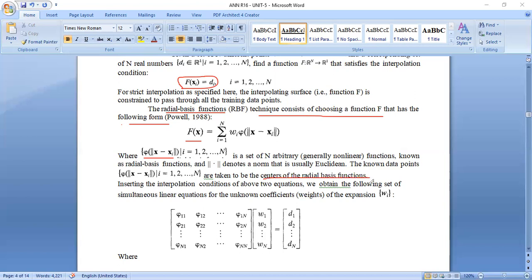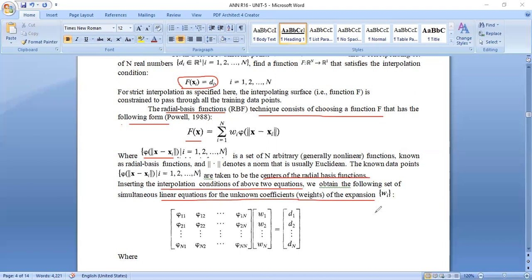You may consider these as the centers of the radial basis function. Now, by inserting the interpolation condition into the above two equations, we obtain the following set of simultaneous linear equations for the known coefficients, that is the weights of the expansion wi.